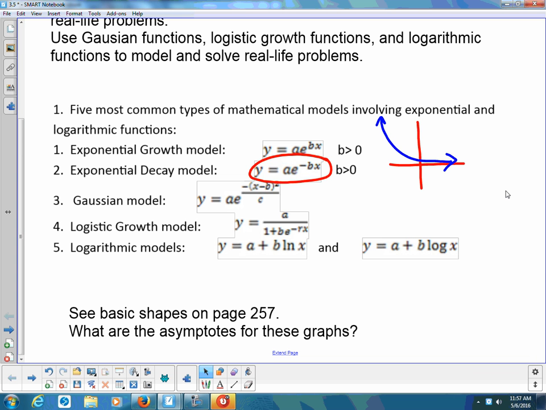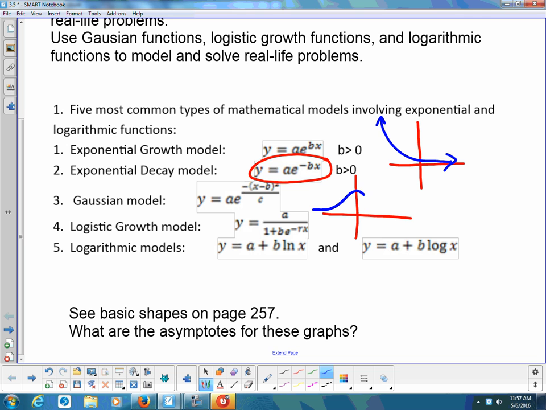The Gaussian model, they have the pictures of these on page 257 if you want to look at better graphs than I can draw. It's the one that looks like a bell-shaped curve. Have you heard of bell-shaped curves?